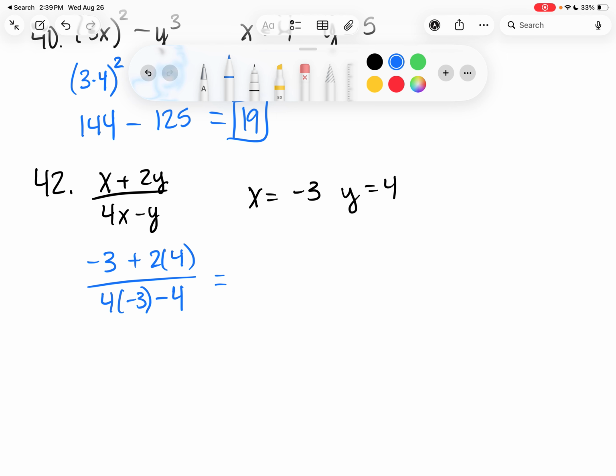Positive 5. Yep, -3 plus 8 would be a positive 5. And what about on the bottom? -16. Yep. And obviously when you have a fraction, if you can reduce, you should always reduce. This one can't, but just saying it now so that we don't forget.